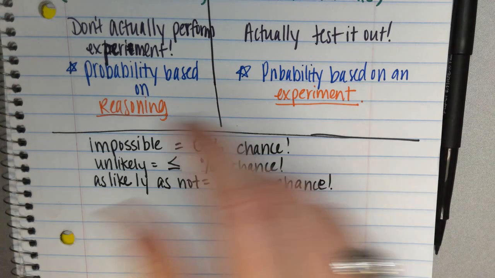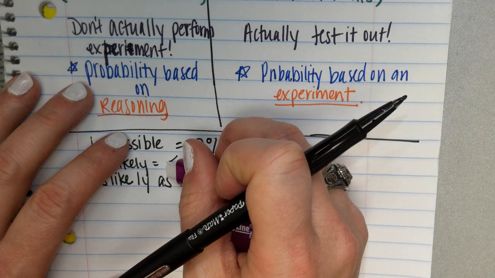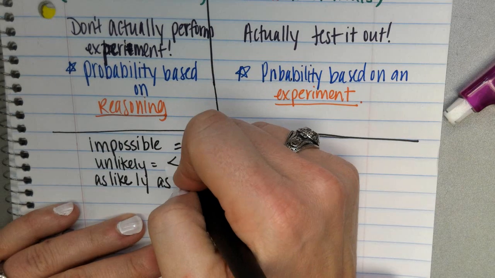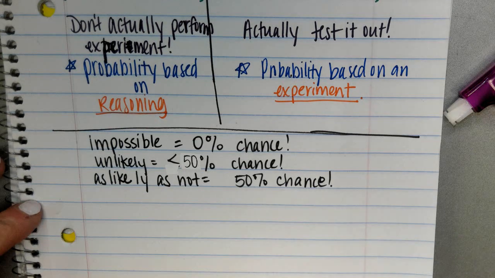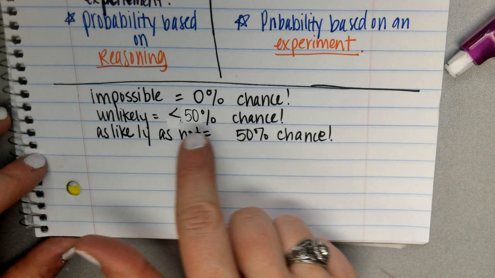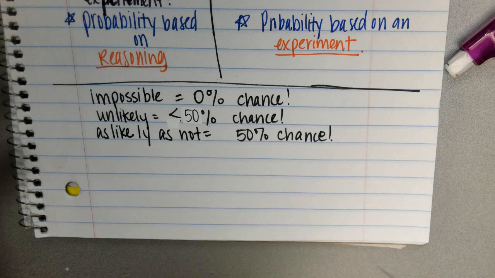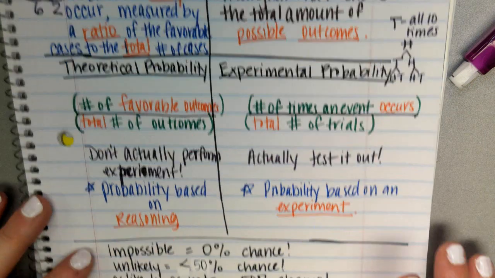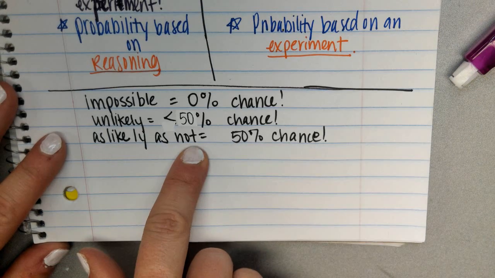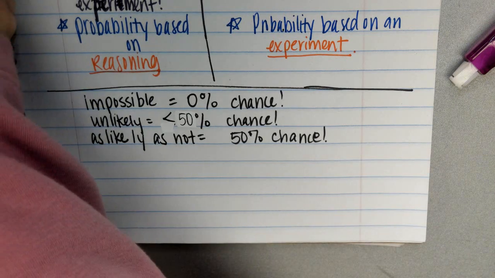This is not going to be less than or equal to. It's just going to be less than 50%. If your answer is less than 50%, it's an unlikely occurrence. If you factor your probability and it's less than 50%, it's an unlikely probability. If it's 50% chance even, like when we did up here, it's 50%, 1/2, we would say the probability is as likely as not.